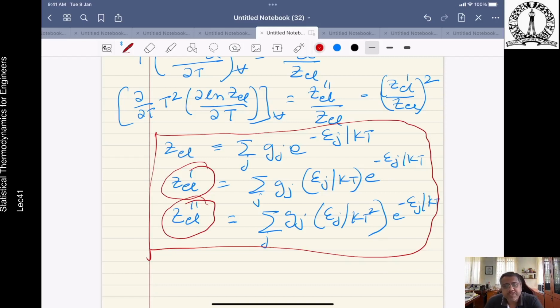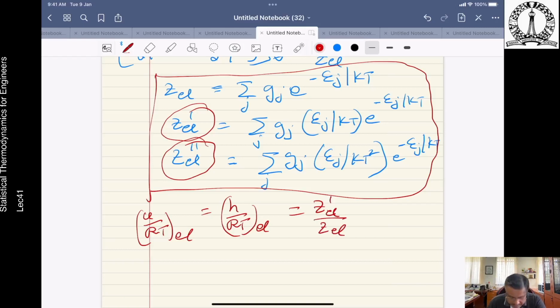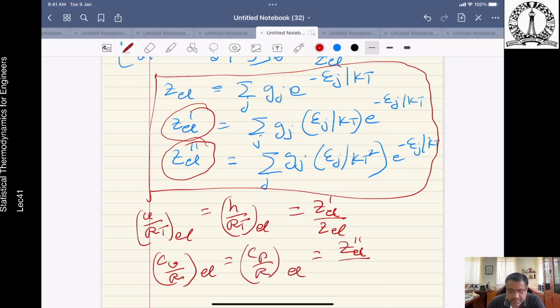So the immediately preceding expressions now provide the required tools for evaluating the contributions to the different thermodynamic properties for an ideal monoatomic gas, right? So U by RT electronic is equal to H by RT electronic, the first derivative, and then Cv by R electronic is equal to Cp by R electronic, the second derivative.